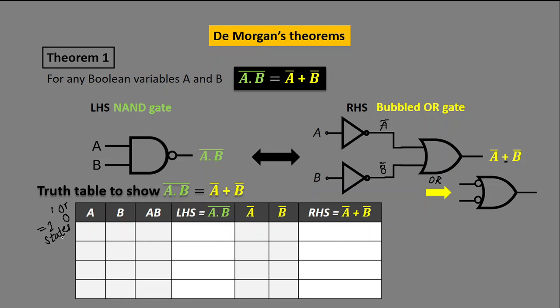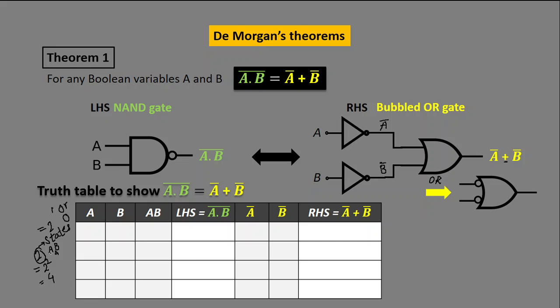Now since there are two states, all possible combinations will be 2 to the power of the number of inputs. The number of possible states is 2 power 2, therefore 4. This 2 indicates the number of inputs, and they are A and B only.